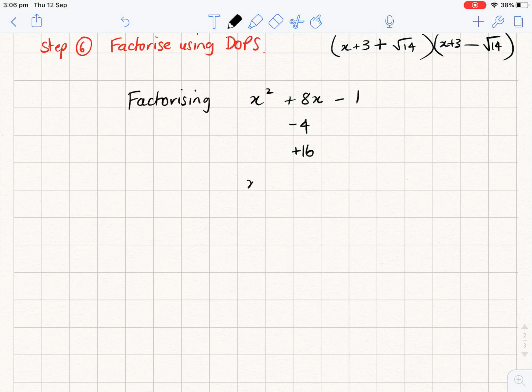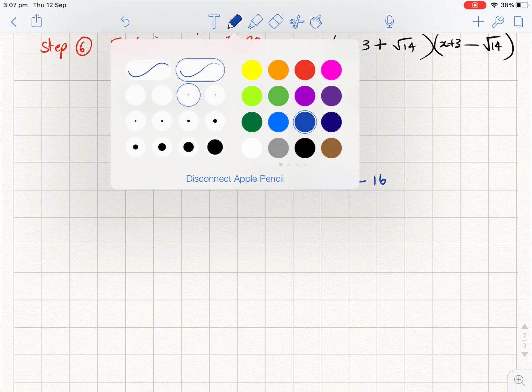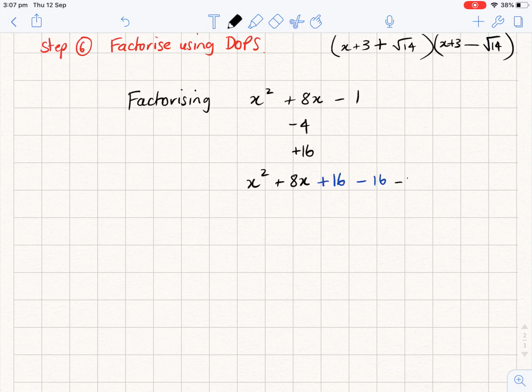Now I'm going to add that 16 to my expression and subtract it at the same time. I don't know why I put negative 4 there, it should be positive 4.